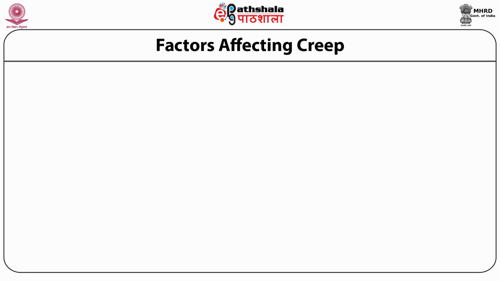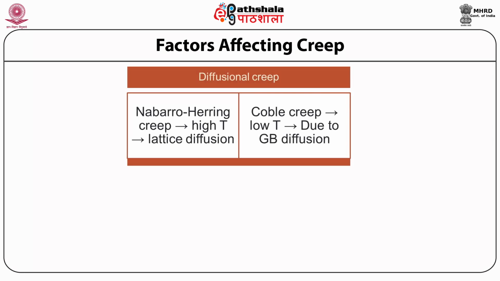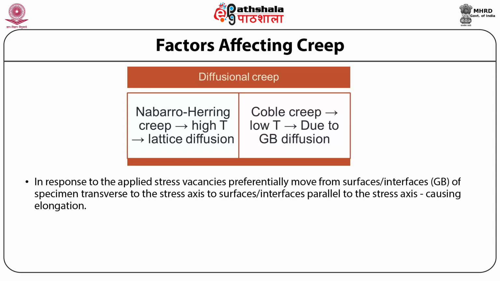There is a figure here showing diffusional creep in two types. The first one is Nabarro-Herring creep at higher temperature, due to lattice diffusion. Second is Coble creep at lower temperatures, which is due to grain boundary diffusion. In response to the applied stress, vacancies preferentially move from surfaces or interfaces, that is the grain boundaries of the specimen, transverse to the stress axis to surfaces or interfaces parallel to the stress axis, which causes elongation.